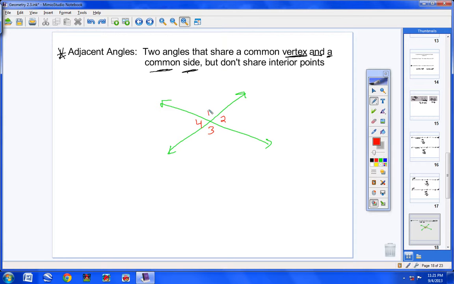They're not sharing a side. But angles 1 and 2 are adjacent. Angles 2 and 3 are adjacent. Angles 3 and 4 are adjacent. And angles 1 and 4 are adjacent. But angles 1 and 3, they're not adjacent. Angles 2 and 4, they're not adjacent. We call those vertical angles, and we'll get into that later. You've had it in the past also. But that's the definition of adjacent angles. So please make sure you understand that, okay?